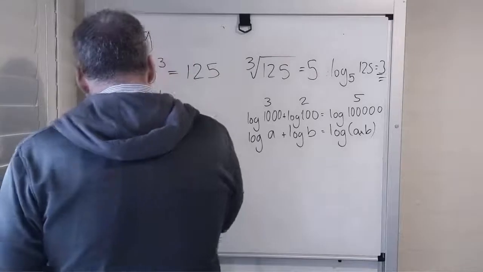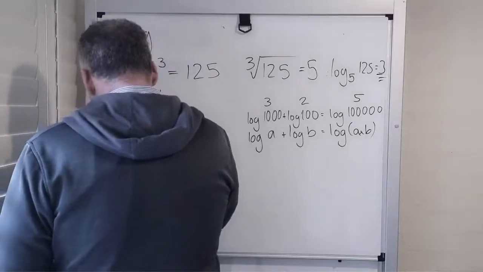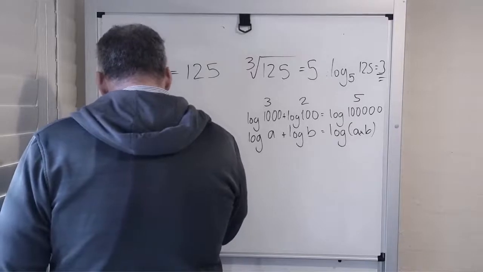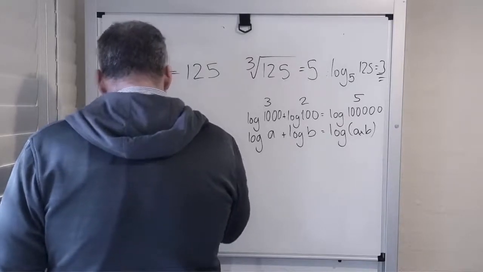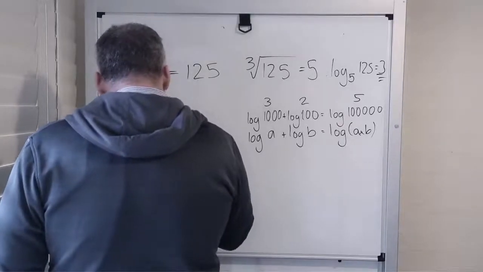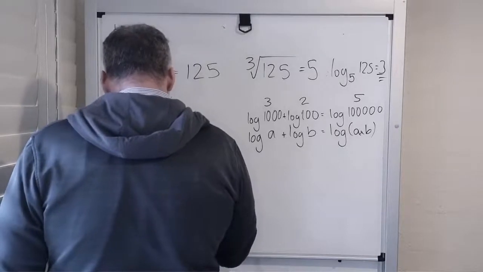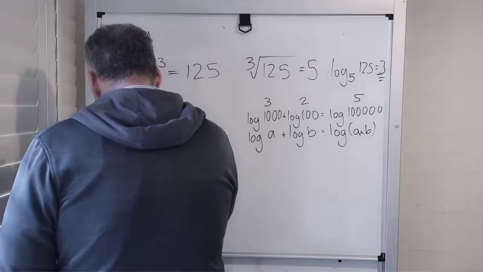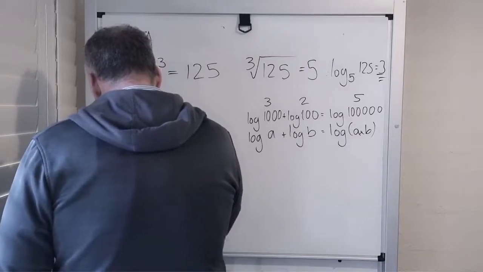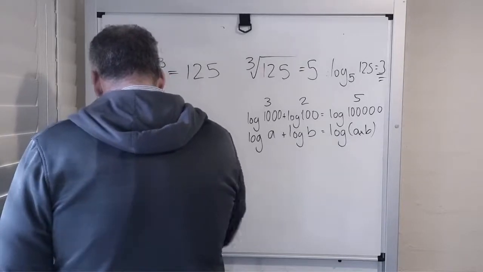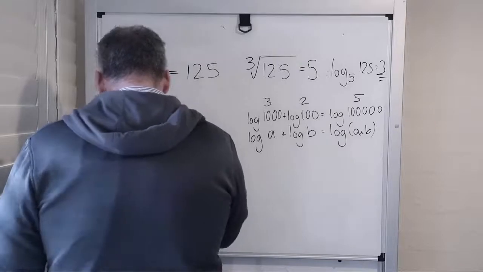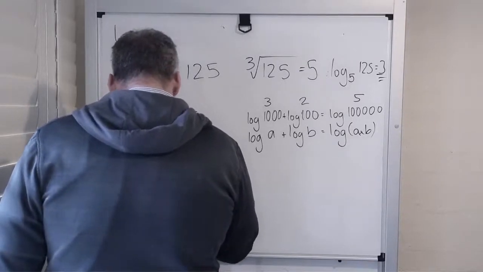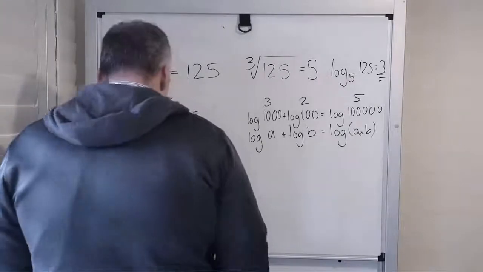So if you've got 10 to the 5 divided by 10 to the 3, that equals 10 to the 2. Or 1 and 5 zeros, so 100,000 divided by 100 equals 1,000.